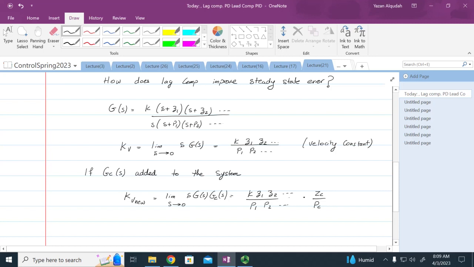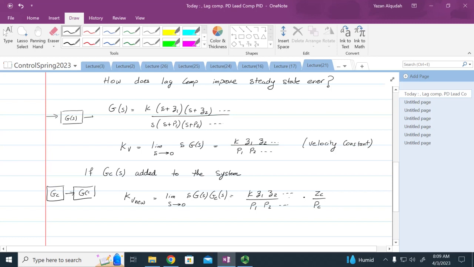Is that clear? Does that make sense? So originally we have only G of S in the system. Now we have G of S and the G controller, GC.